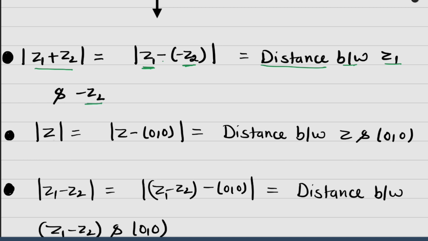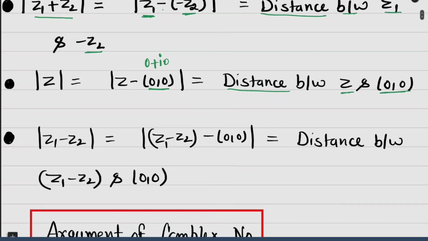Similarly, what does modulus of Z represent? Modulus of Z is nothing but, I can write modulus of Z as Z minus 0, 0. 0, 0 means the complex number 0 plus iota 0. So it is the distance between Z and 0, 0, which means the origin. And I can also write modulus of Z1 minus Z2 as modulus of Z1 minus Z2 minus 0, 0.